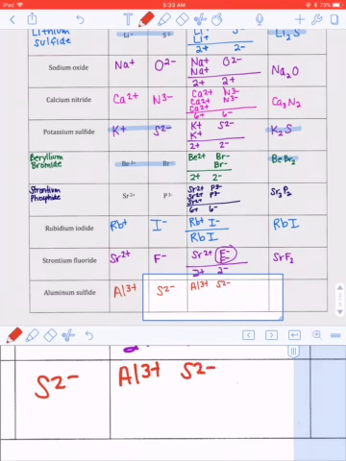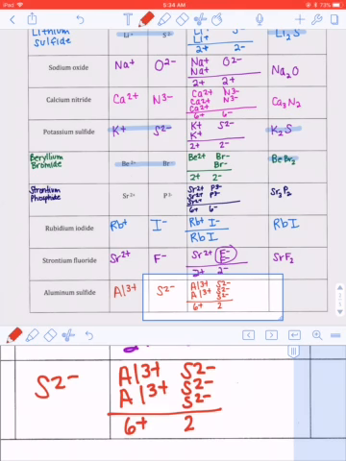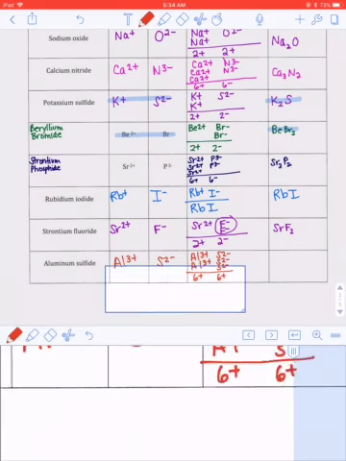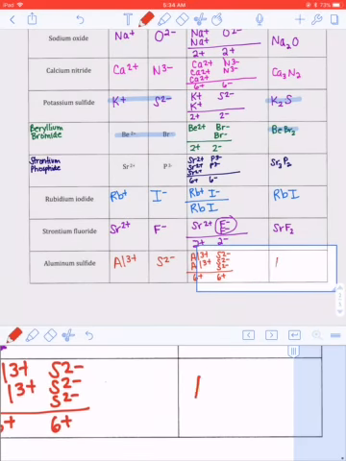Another pattern: when you have a 3 and a 2, you're always going to end up with 6 as what you're trying to add up to, because that's the least common multiple, greatest common factor, I don't know, one of those things. That's the only thing that they're going to be able to add up to. So 2 and 3. So we're going to have Al2S3.